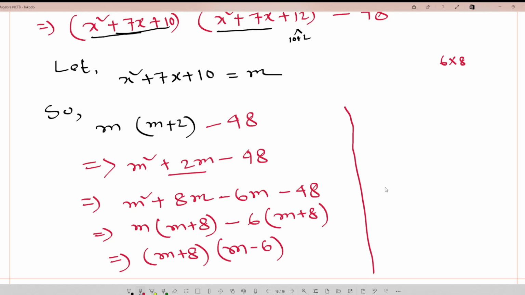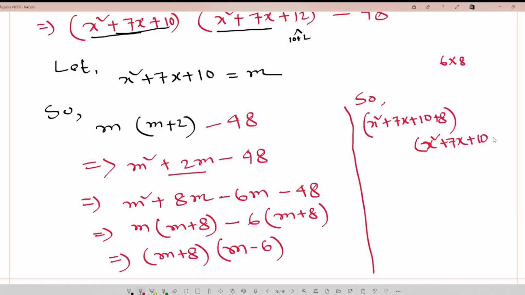Now we can write, so m means what? x square plus 7x plus 10, and here is plus 8, right? Again here is m minus 6. So x square plus 7x minus 6, and then here is plus 10, right?